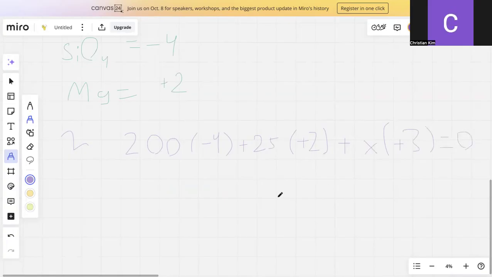If we do some math, we will get that X is around, and you can round off here, 250.